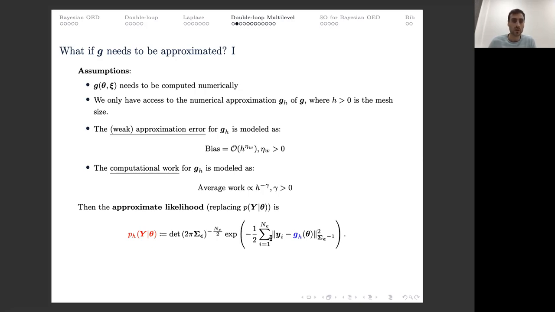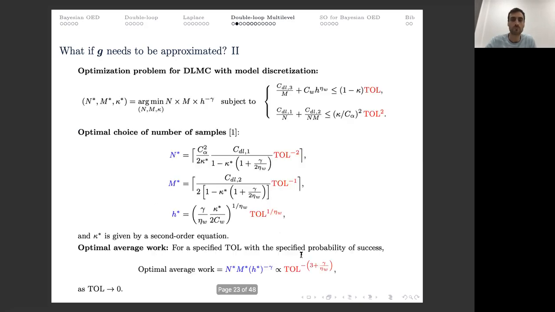And we have the computational work of G_H, which grows with h to the minus gamma, where gamma is positive. If we plug in the approximated model, the likelihood looks basically the same, but we now have the model G_H.